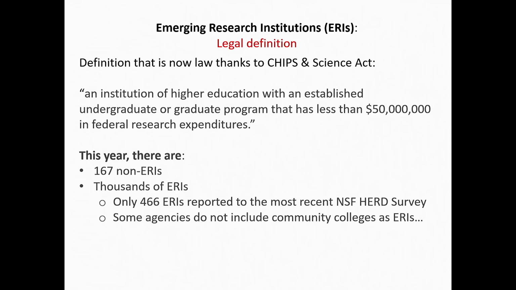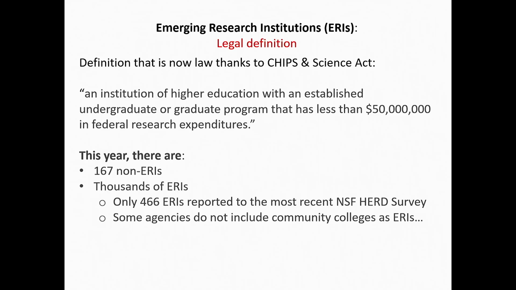And so what happened is, by the magic of lobbying, we got this definition into the CHIPS and Science Act with some modification. And the modification was you could have an undergraduate or graduate program. And so this year, looking at the data, there are 167 non-emerging research institutions. When we made the plots a few years ago, there were 139.